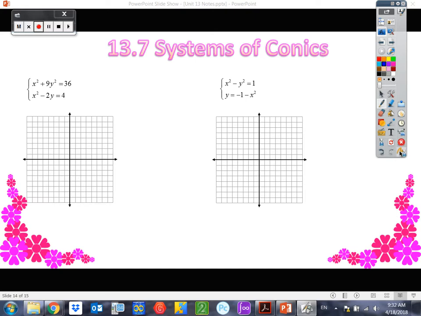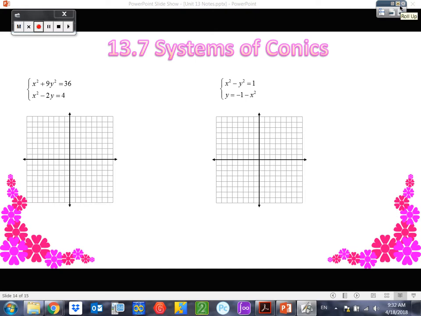Okay. So let's look at a situation like this one, where we have a circle, and we have another circle.